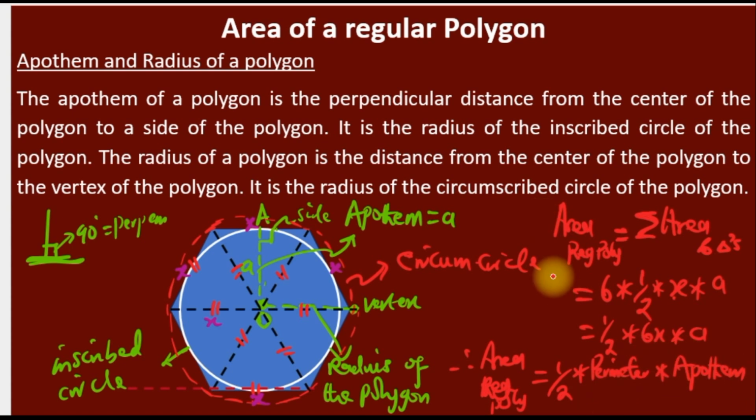So we've gotten the formula for the area of a regular polygon: half times the perimeter times the apothem. I used a hexagon so that you can easily visualize that, but even if you use any other polygon, it's still correct.